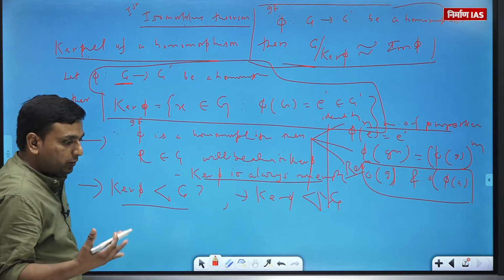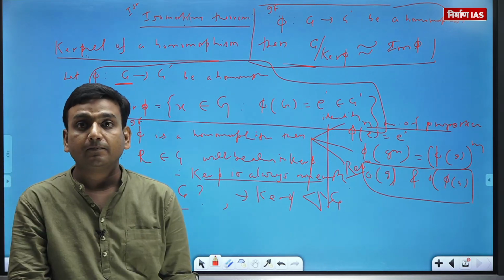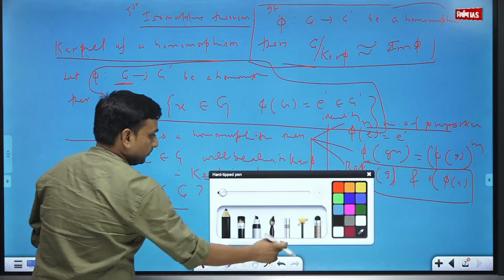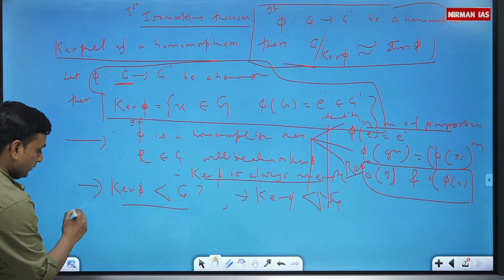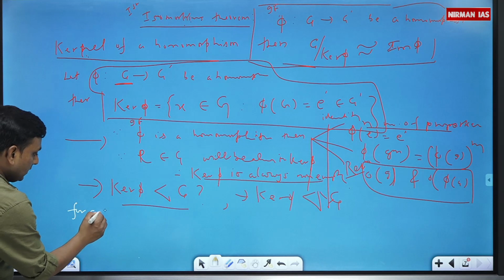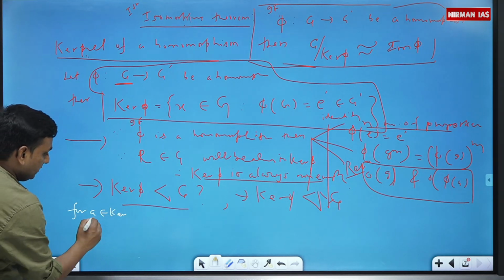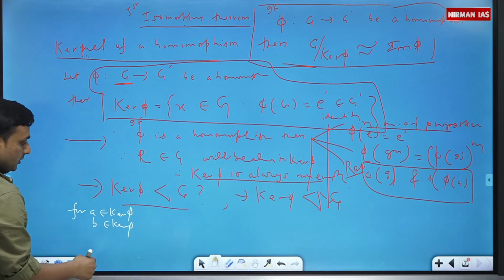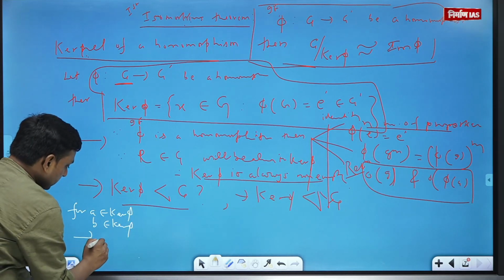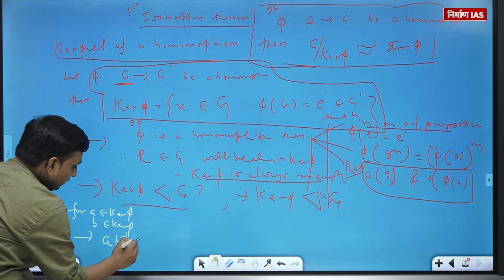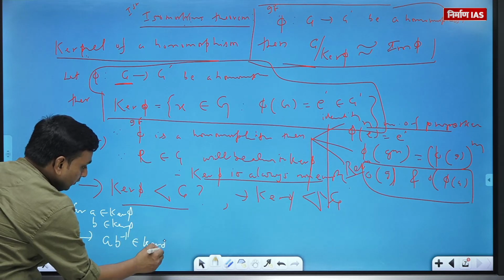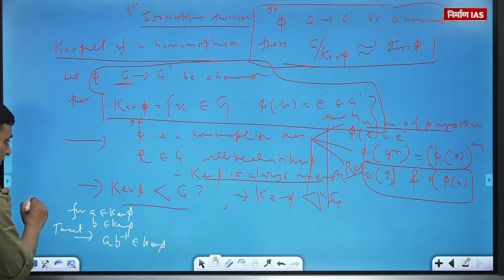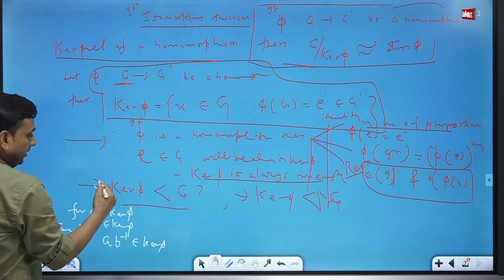For subgroup, what you do, dear? For a belongs to ker phi and b belongs to ker phi, we need to show a b inverse also belongs to ker phi. That is the target. Then only we can say that this holds well.